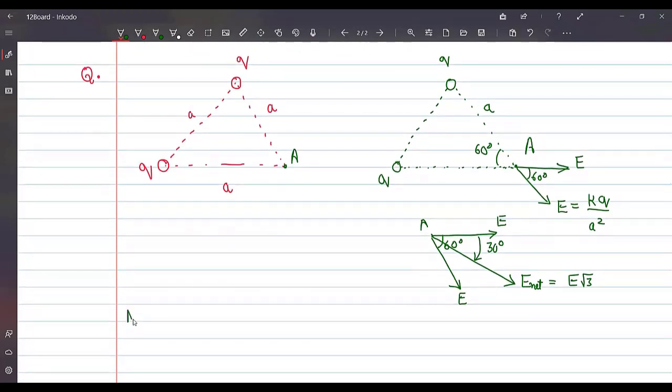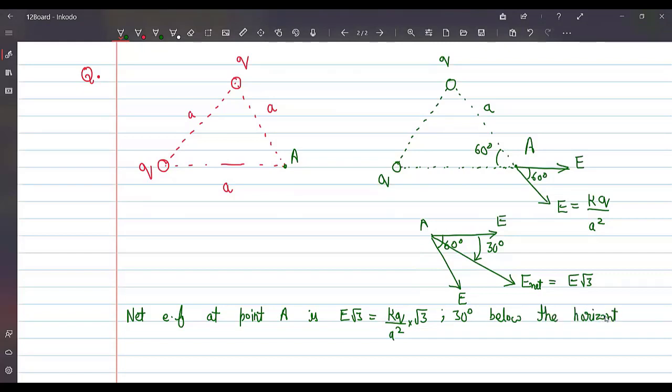So, net electric field at point A is E root 3. Instead of E root 3, I can write KQ upon A square into root 3, 30° below the horizontal.